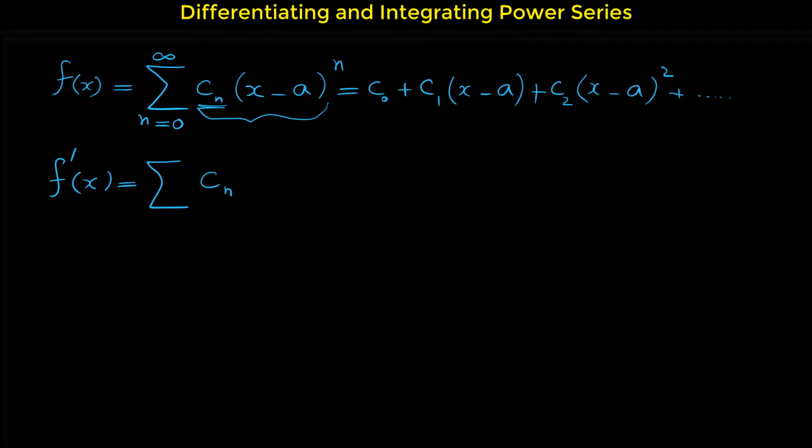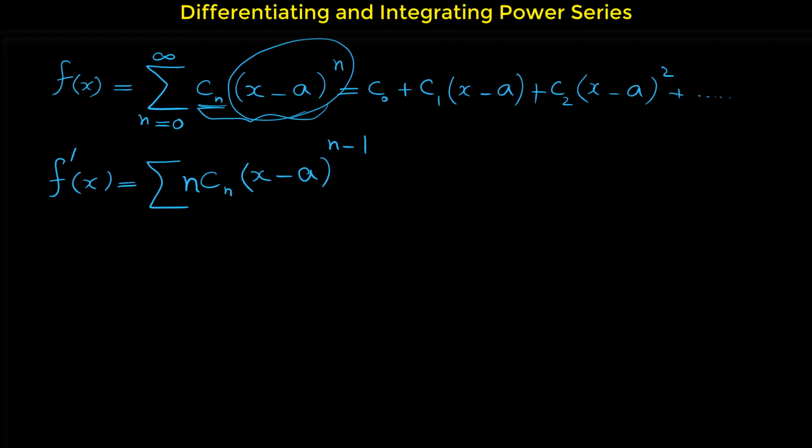For finding the derivative of (x minus a) to the power of n, we use the power rule for derivatives. We bring the power n to the front, so we get n c sub n times (x minus a) to the power of n minus 1. This is the derivative of this power series.